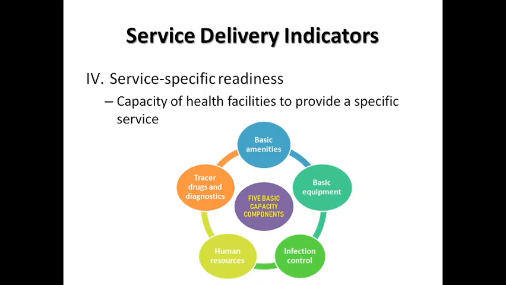And so, we also look into this service-specific readiness in terms of the presence of amenities, equipment, infection control, human resources, tracer drugs, and diagnostics that are dependent on the specific program or specific service that we are looking into.